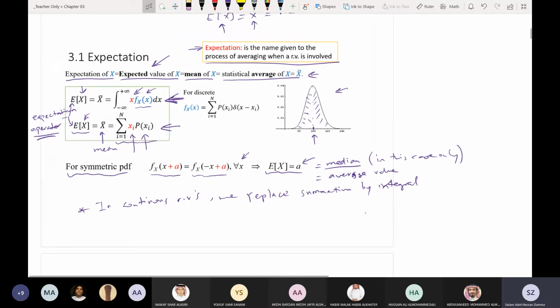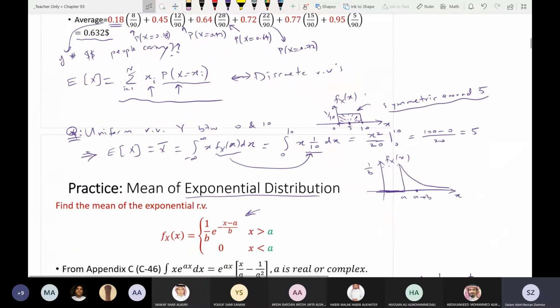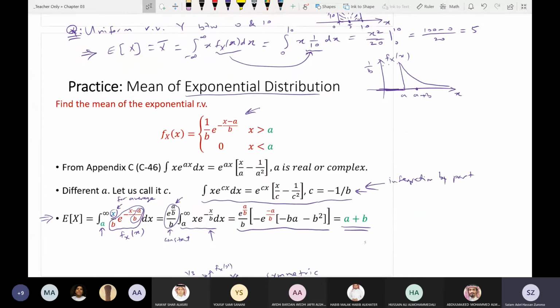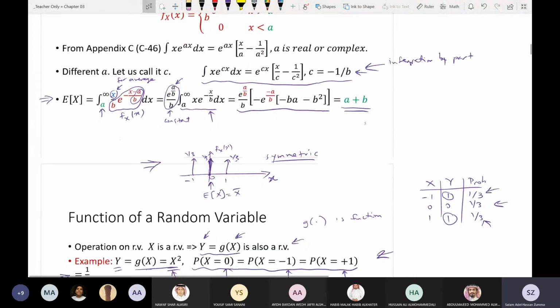And we talked about examples for discrete random variables and for continuous random variables.